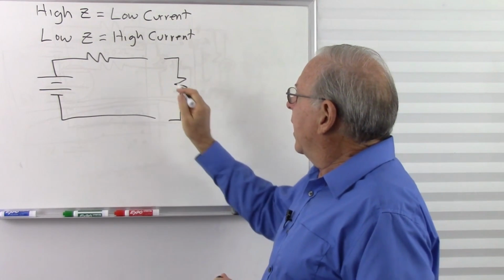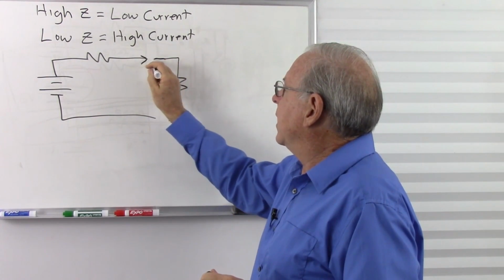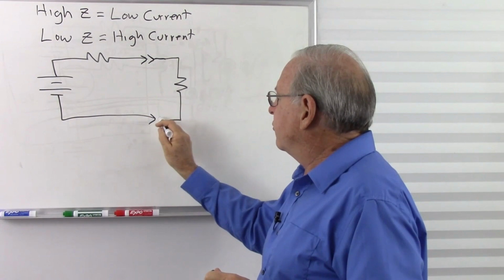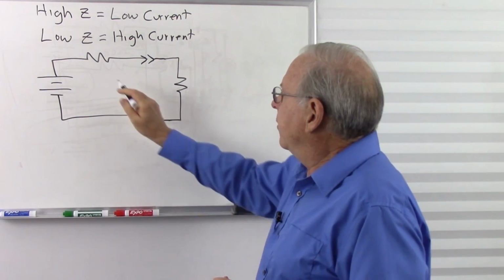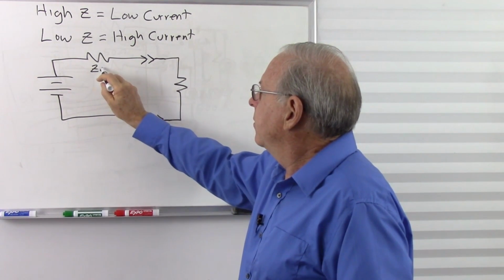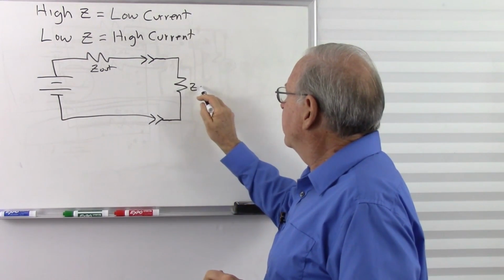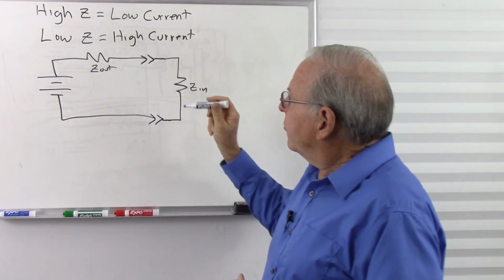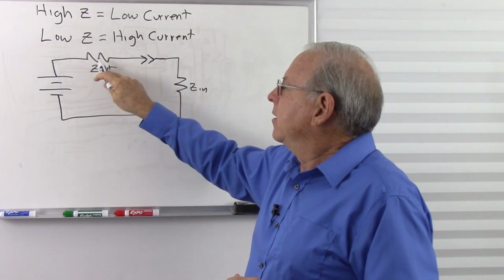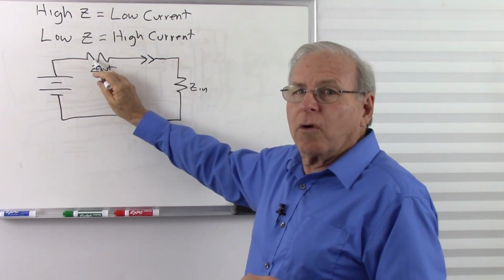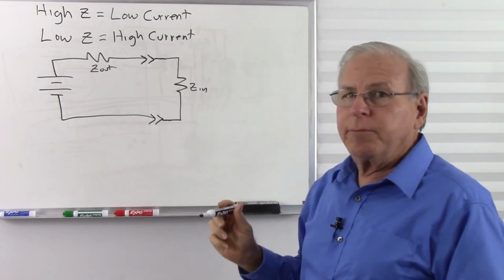So let's say we have two circuits coming together. Let's just show a little connection here. Here's our output impedance, and here's our input impedance. And let's say we have a low output impedance and a low input impedance.